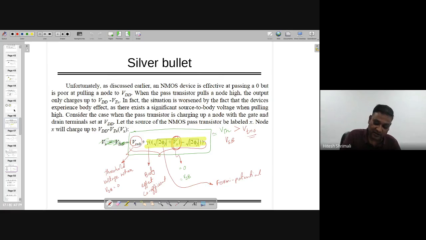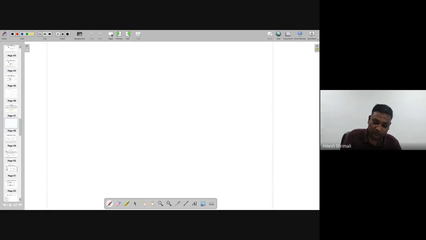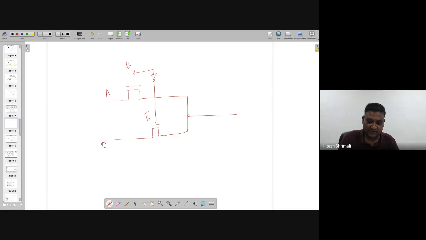And as we also agree that the output in this case, when this is B and this is B bar, this is A and this is 0, we learn that if this is VDD, the output is VDD minus VTN.